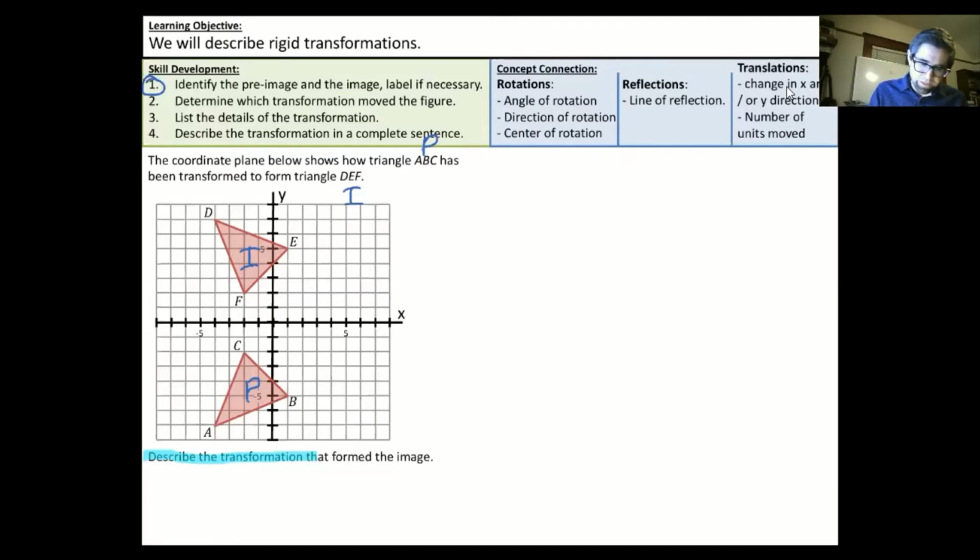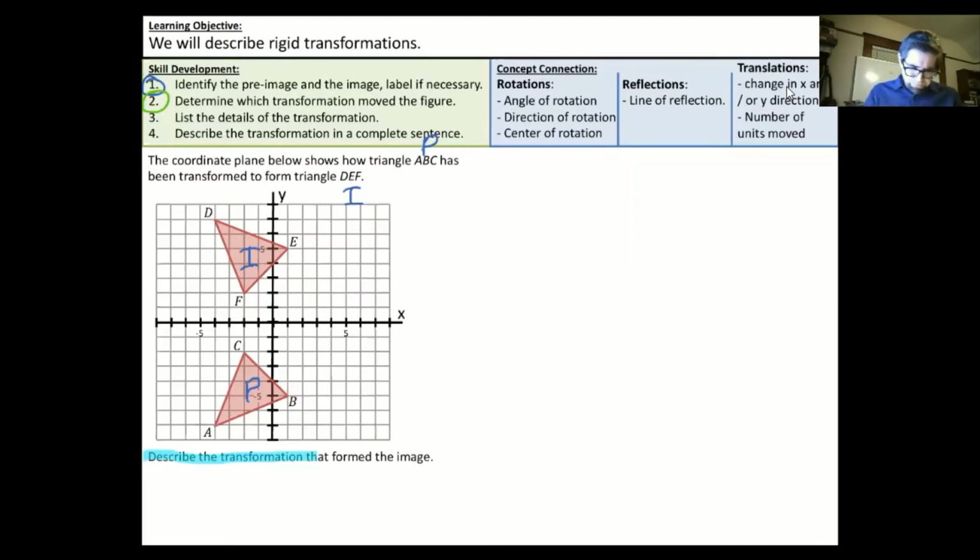Let's determine which transformation moved the figure. Is it a rotation, reflection, or translation? Well, looking at the triangle, this one's actually kind of tricky. I find it best to identify some feature or point or side of the pre-image and then find the corresponding part, angle or side of the image and try to determine what happened.